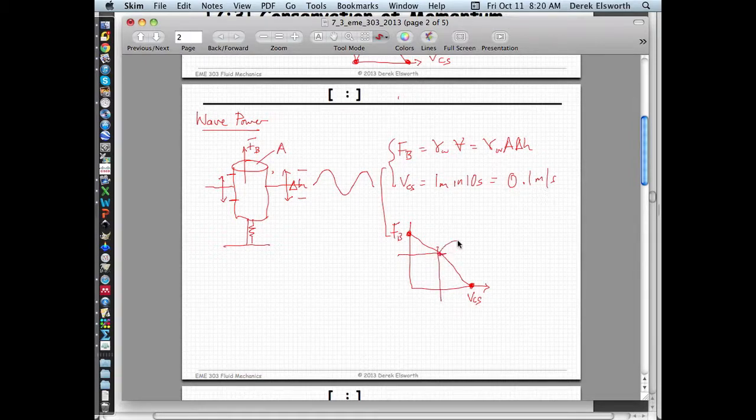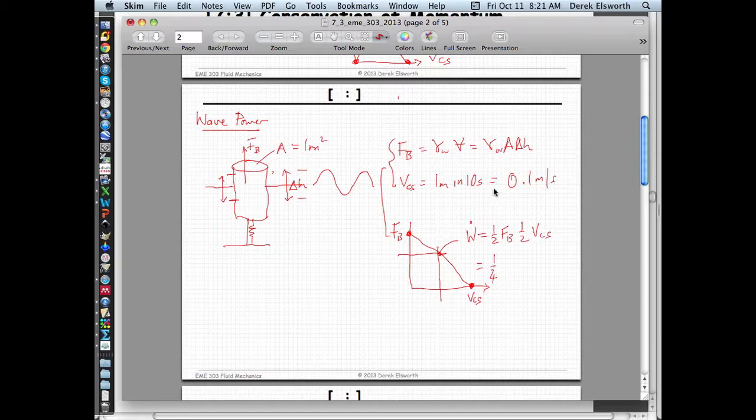So maybe we want the actual work that's done out of this to be equal to a half the buoyant force multiplied by a half the velocity of the control surface. And if we throw some numbers in that, the buoyant force, so what is this? 1 meter squared, 1 meter height.